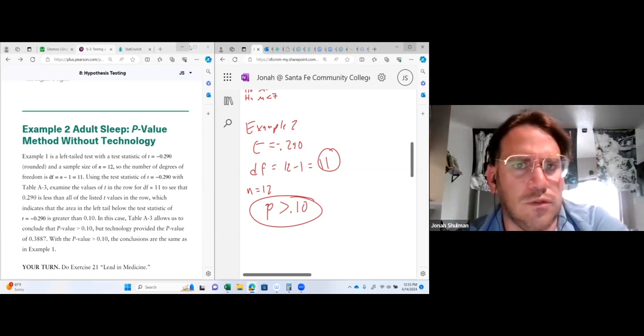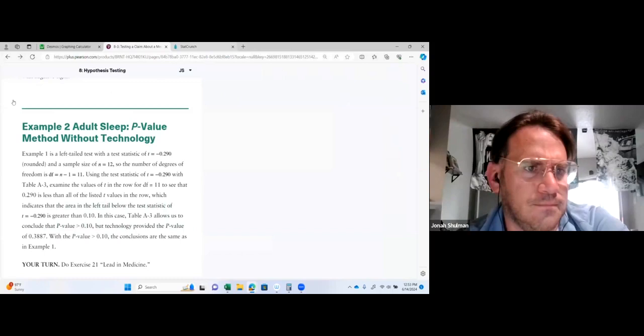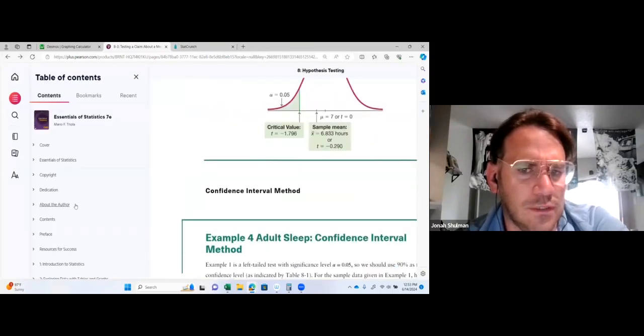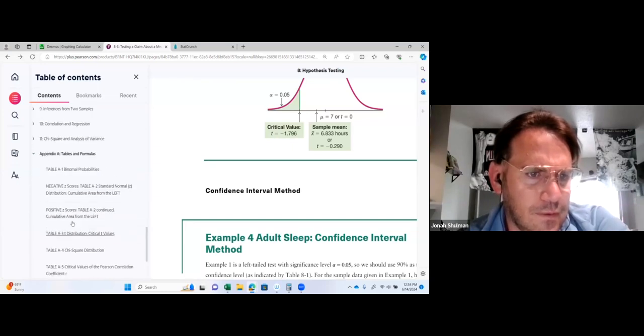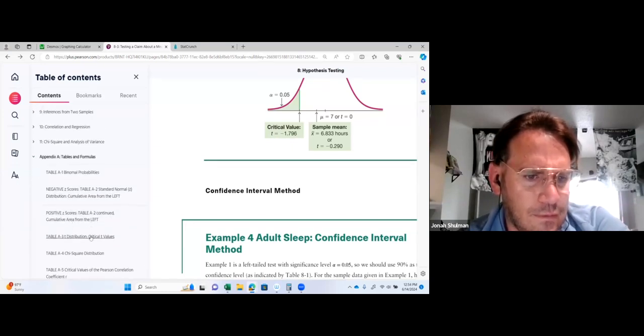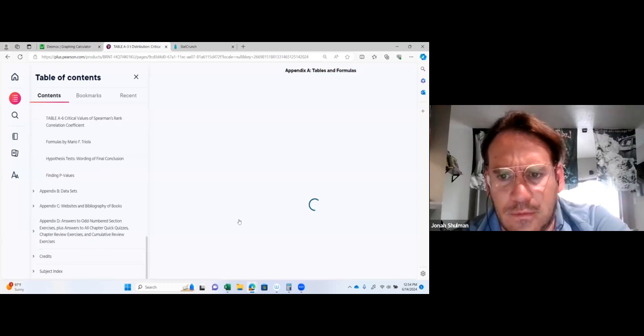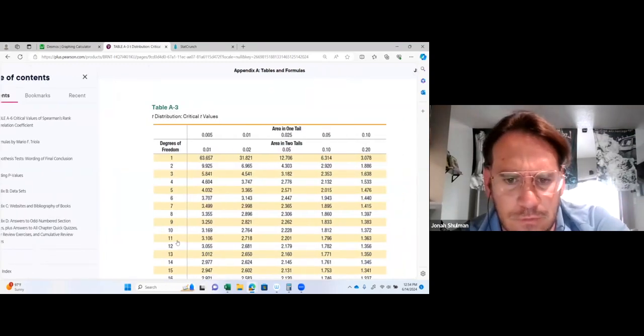Okay, so let's see how it looks. I know I did it in the other video, but I just thought I'd try to show it again. Our degrees of freedom is 11.